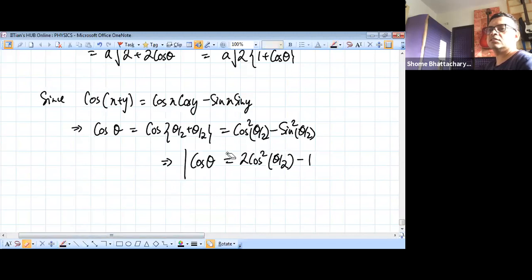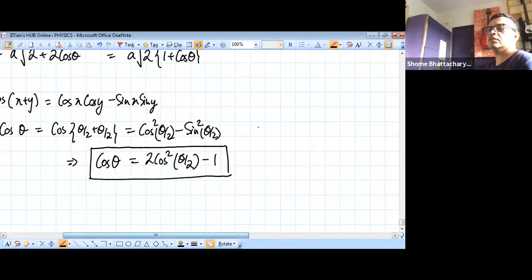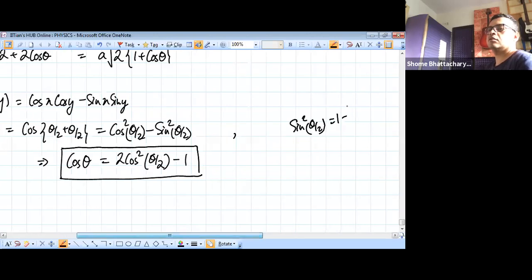Written very easily as this, because in this step what we are doing is we can replace sin square theta by 2 as 1 minus cos square theta by 2. Okay, so we can substitute that here, and that's how we get this.